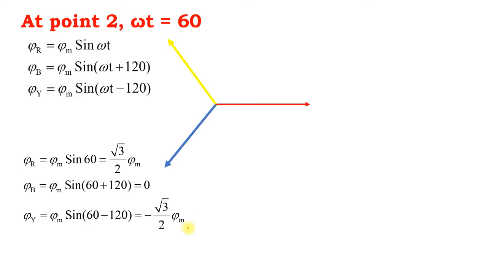The blue phase is 0 and yellow has a minus sign. Now the resultant of these two is what we call phi r. Already we know that the resultant value is 1.5 phi m.